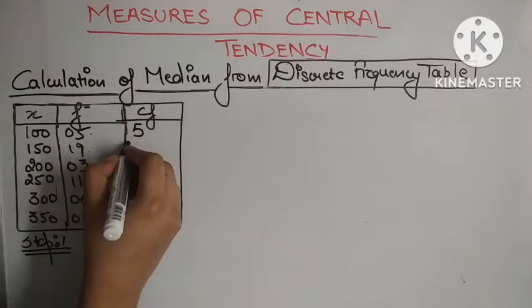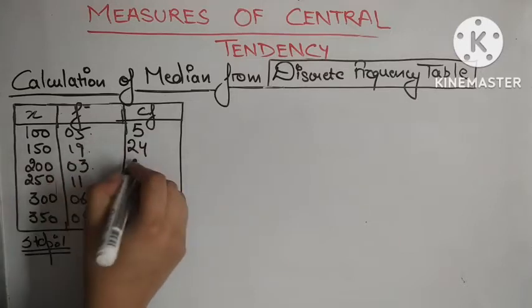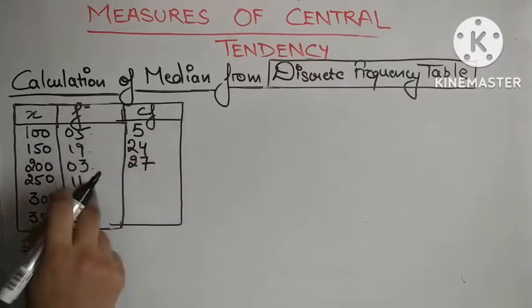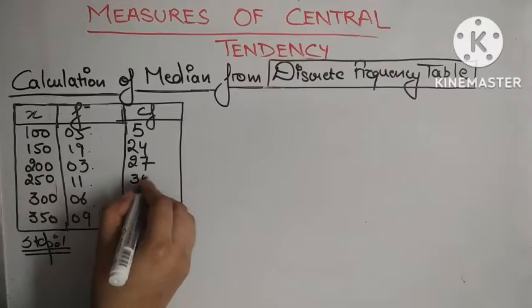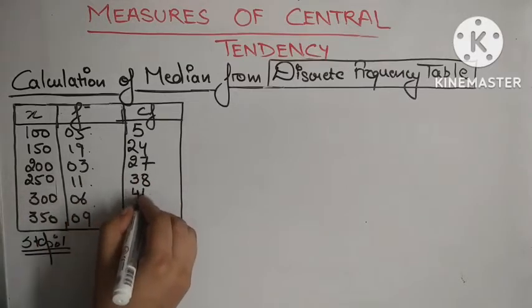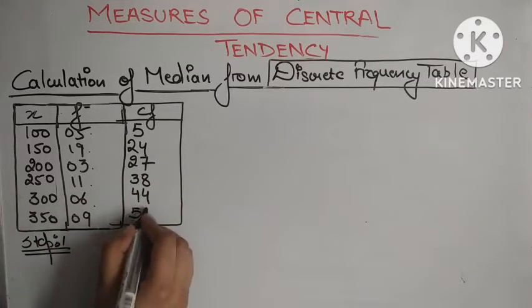So 5 plus 19 will be 24, 24 plus 3 will be 27, 27 plus 11 will be 38, 38 plus 6 will be 44, 44 plus 9 will be 53.